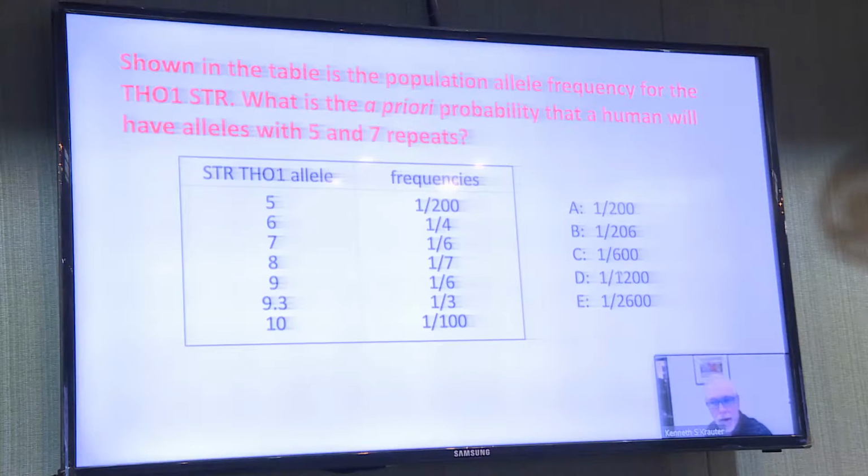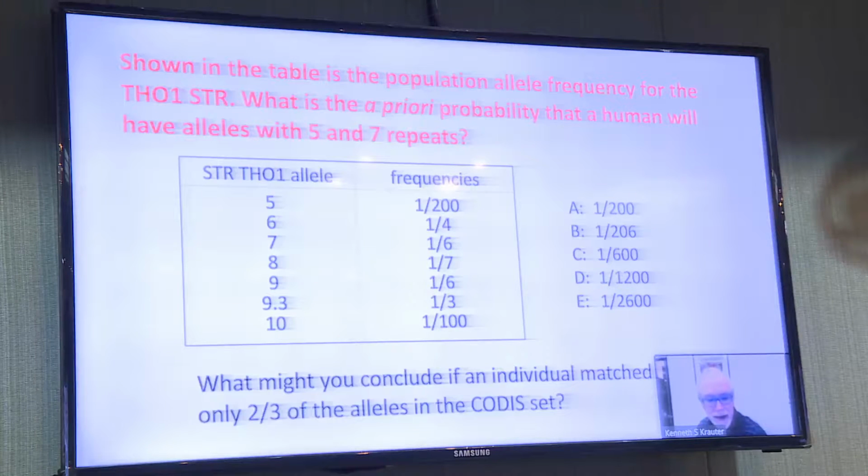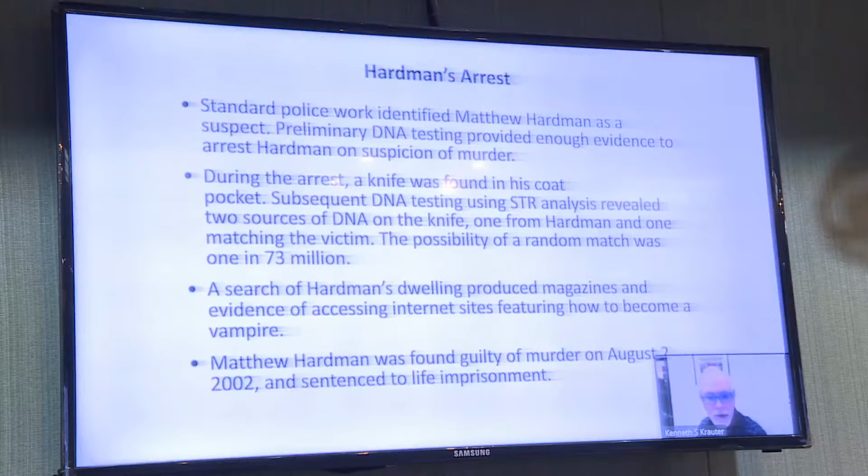It means that this methodology is incredibly precise, and the only way errors like misidentifying somebody could occur is in the case of identical twins, for example, where they would have exactly the same alleles. So the police work identified this guy. They found DNA on blood in his pocket, and so forth. He was found guilty of murder and sentenced to life in prison.